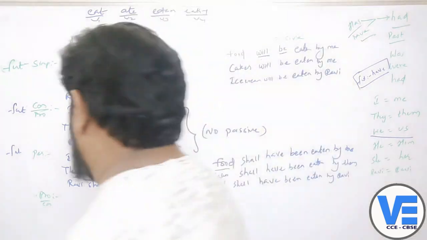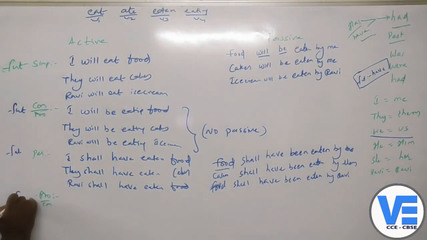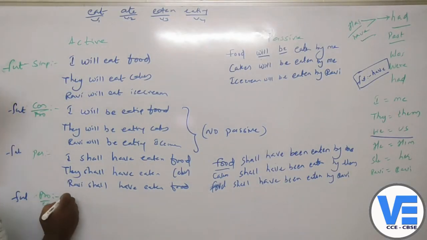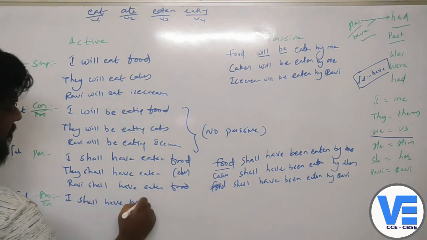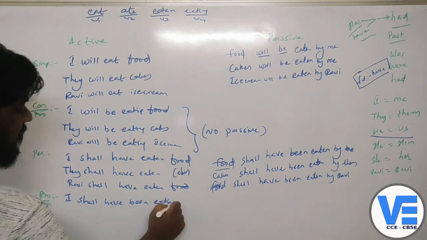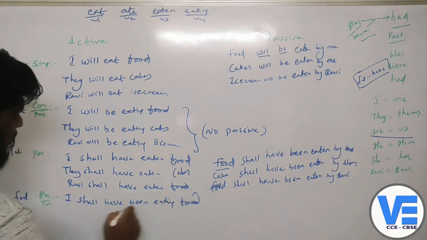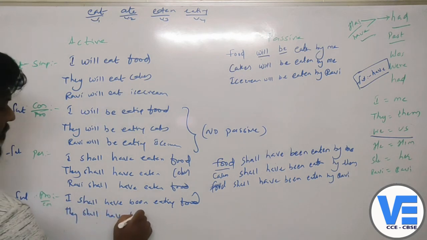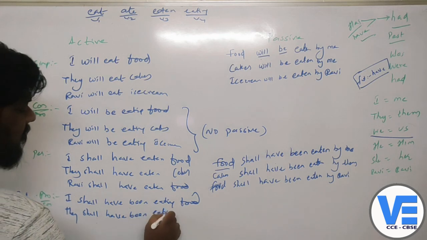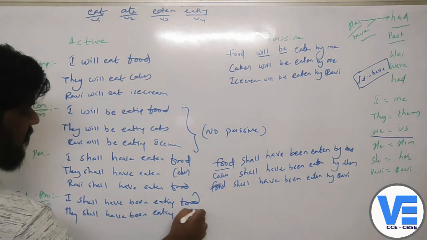Okay, now coming to the last one, that is the future perfect progressive. That is, I shall have been eating food. They shall have been eating food.